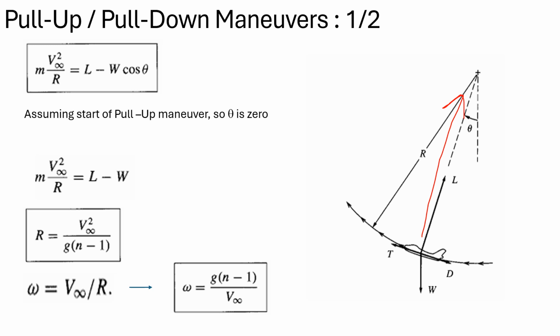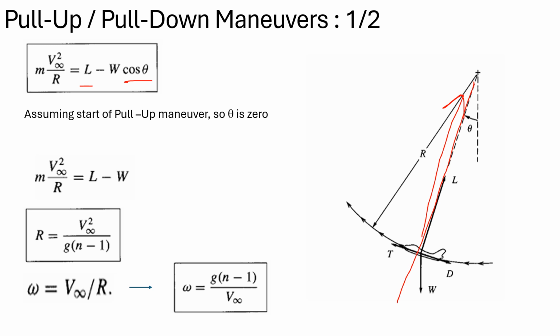That will be equal to the difference between the lift vector and the component of weight which is in the direction of the lift vector. The difference of those two is going to be m v infinity squared over r.